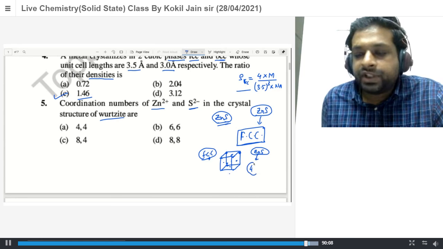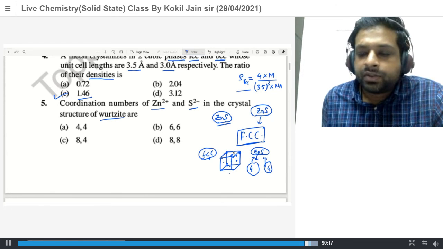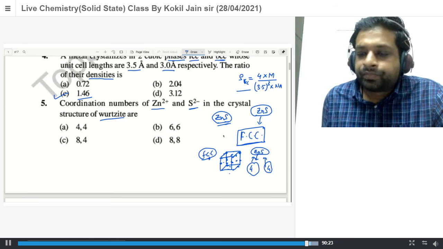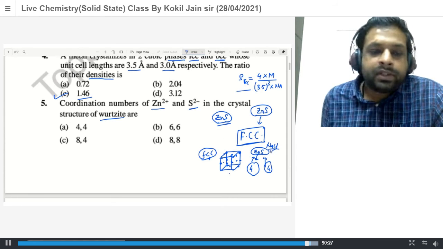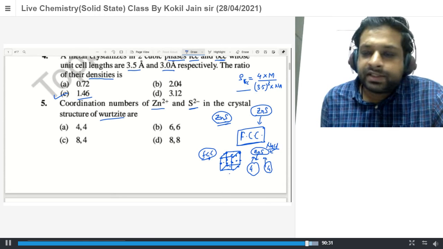Number of zinc and number of sulfur will come out to be 4 only. Zinc will occupy the tetrahedral void positions. It is an FCC lattice simply, just like NaCl, so it will have the same type of structure as in NaCl.